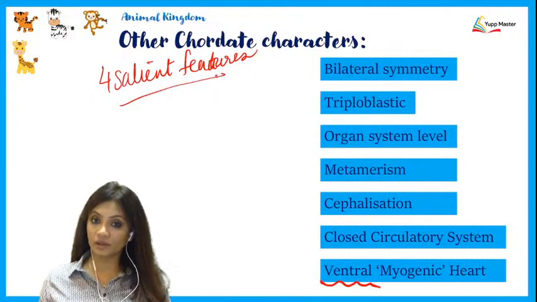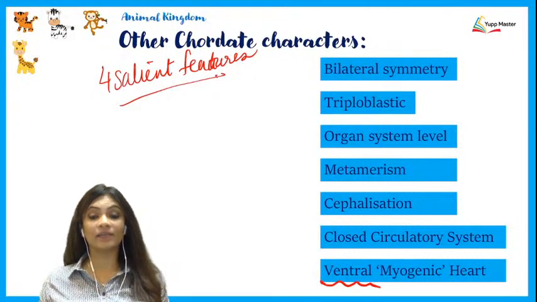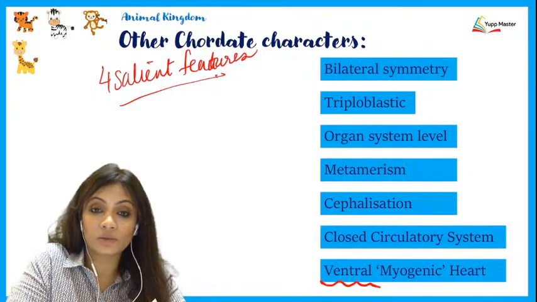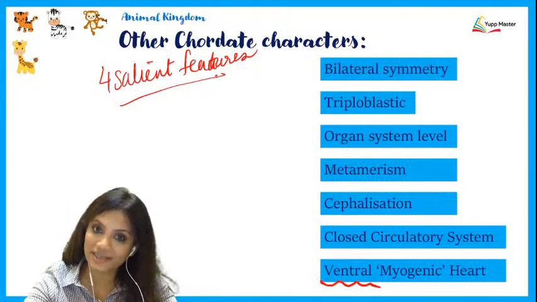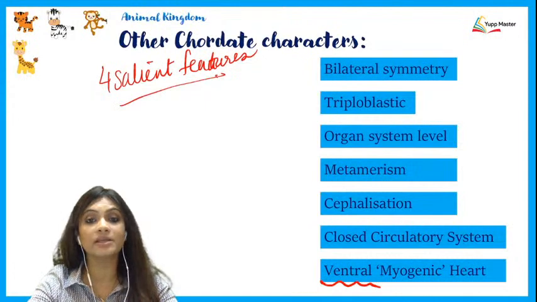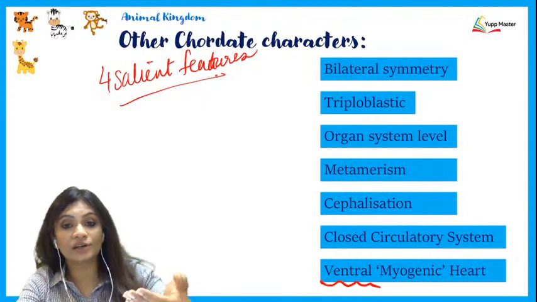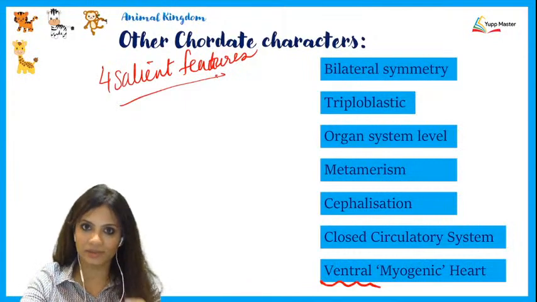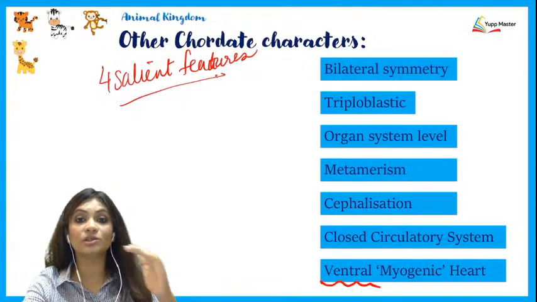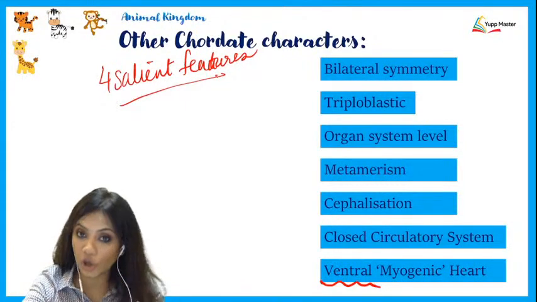When we learned in detail about the earthworm, and also about arthropods and insects, in all those organisms the nerve cord is generally ventral, and the circulatory system, the heart, is dorsal. That was for non-chordates.